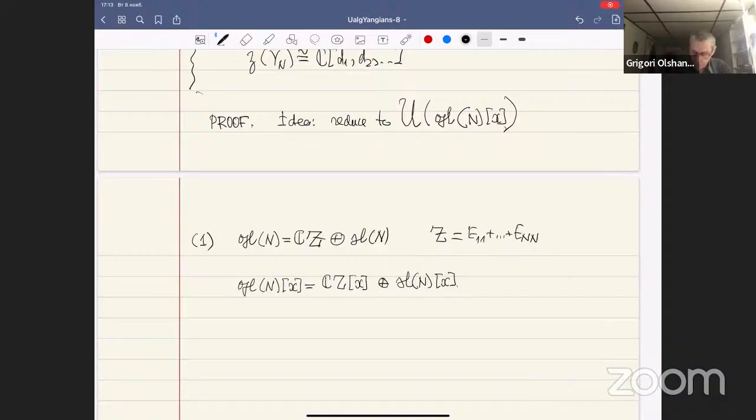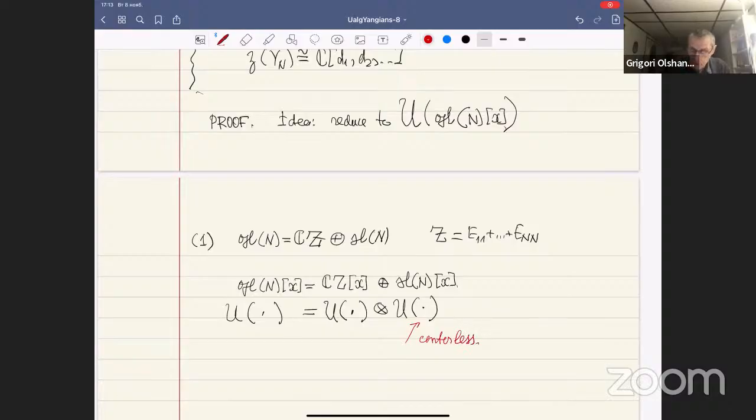And it follows that the universal enveloping algebra of this object is the same as the tensor product of this universal enveloping algebra and tensors with another universal enveloping algebra. But using the previous claim, we know that this is centerless.